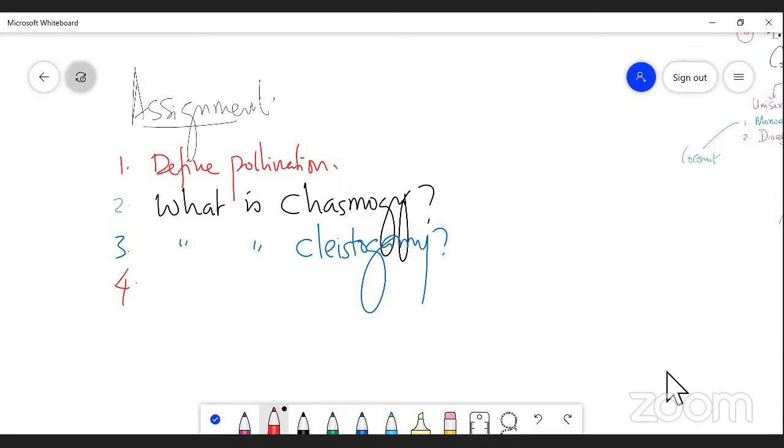And fourth one: what is xenogamy, or geitonogamy? Geitonogamy.